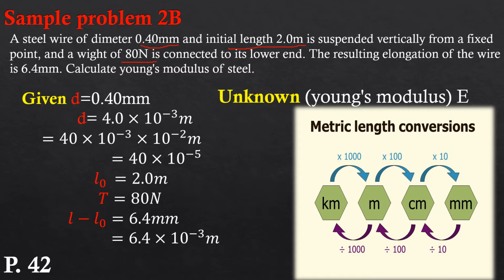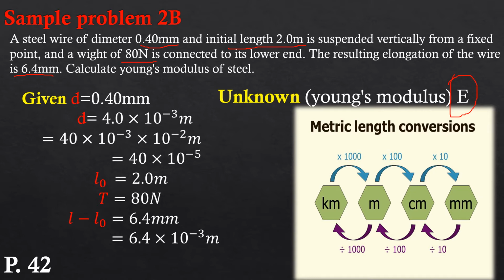The resulting elongation of the wire is 6.4 millimeter, which is L minus L naught, which is delta L. Calculate Young's modulus of steel, which means you have to find E. It's unknown.